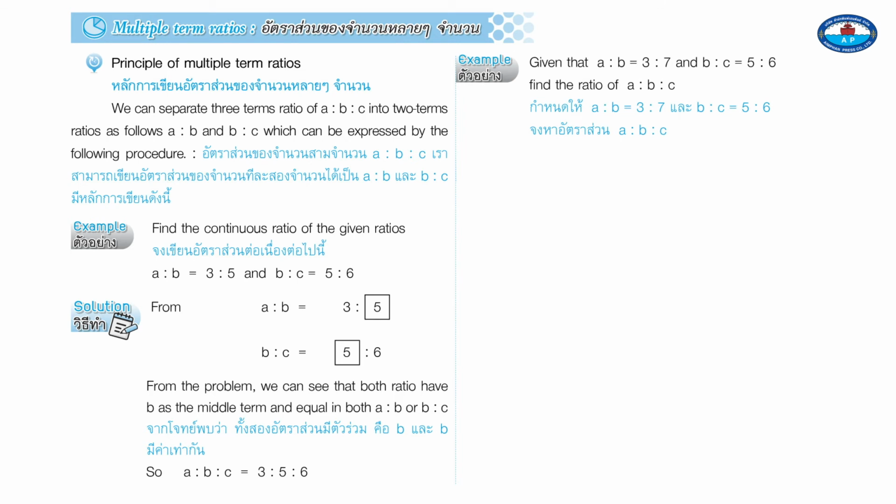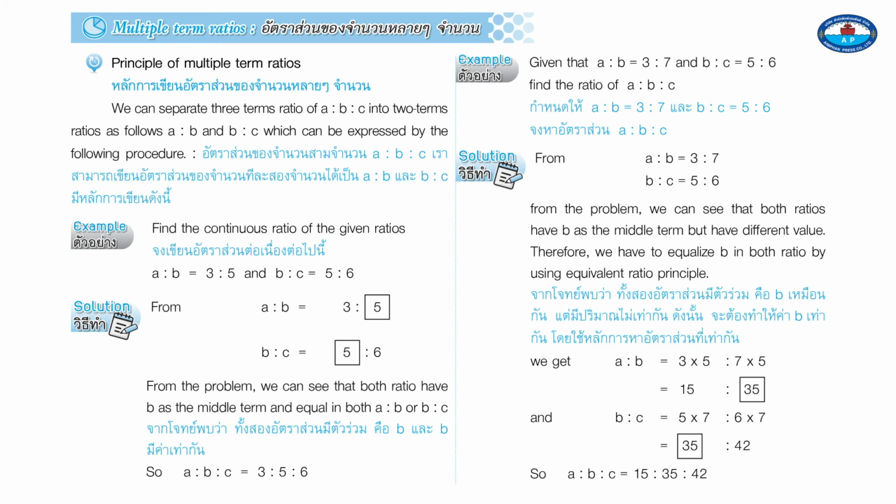Example: given that A:B equals 3:7 and B:C equals 5:6, find the ratio of A:B:C. Solution: from A:B equals 3:7 and B:C equals 5:6, we can see that both ratios have B as the middle term but with different values.